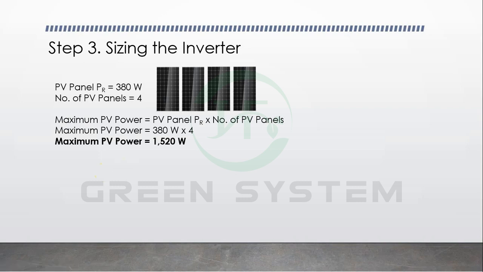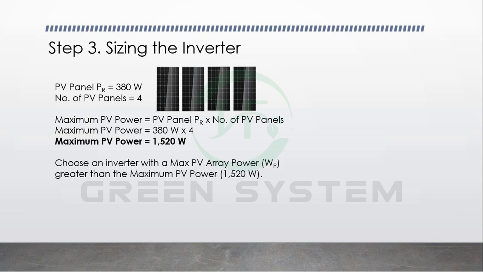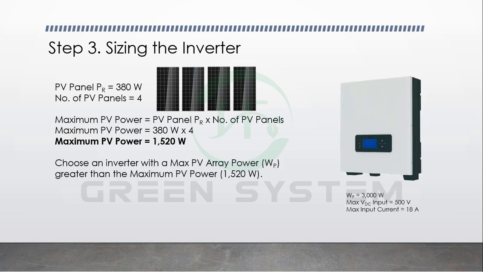Now this is the output of our solar PV array, and this will also be the minimum power rating of our inverter. But since we don't have an inverter rated at exactly 1520 watts, we will choose the next higher value available.